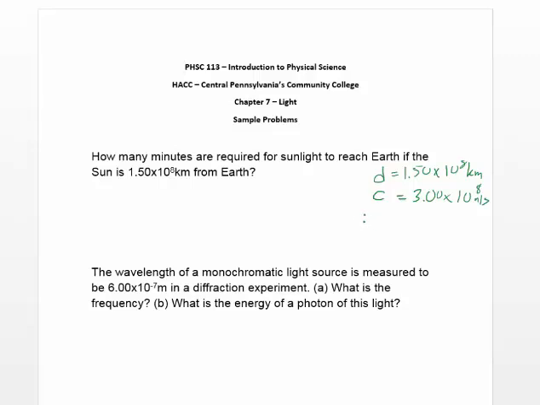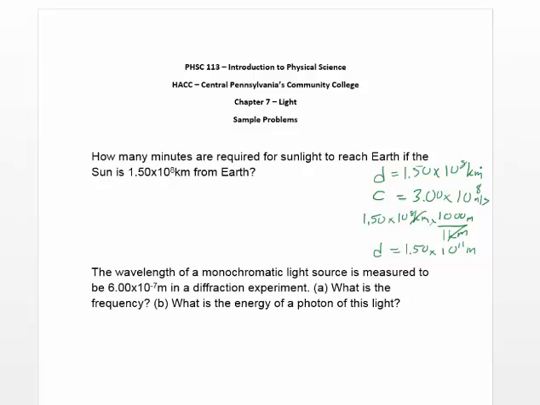So the distance is 1.5 times 10 to the 8th kilometers, and we know that there are 1,000 meters in 1 kilometer. So our kilometers will cancel, and our answer will be in meters. The distance in meters is then 1.5 times 10 to the 11th meters.